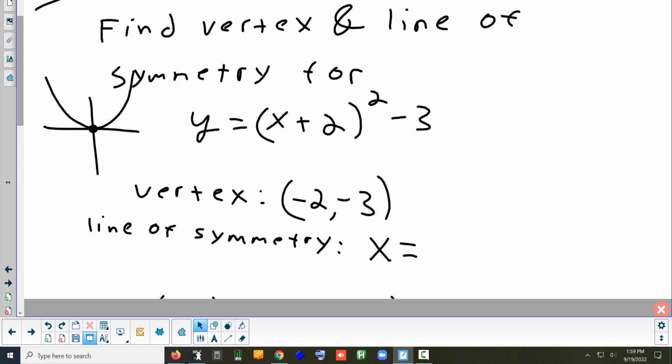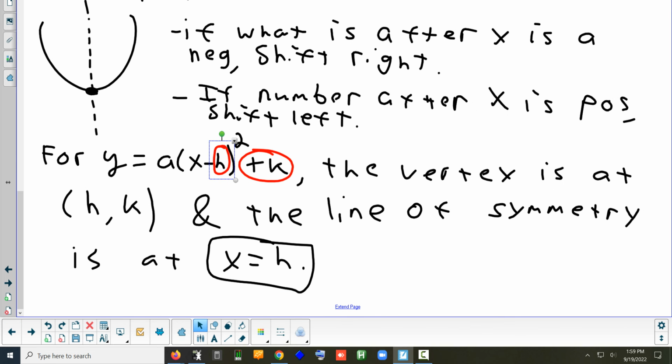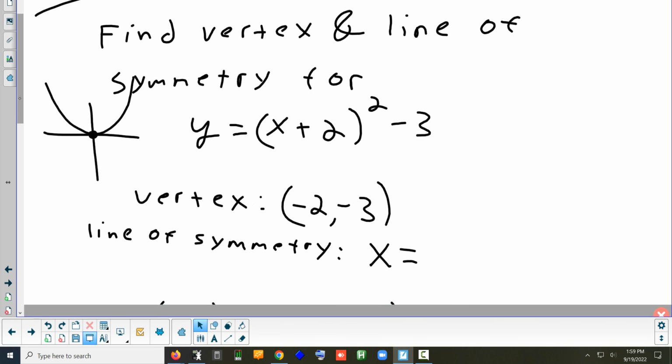And Curtis, what letter are we supposed to use here for the line of symmetry? Yeah, we're supposed to use h. h is the number that comes after the minus sign in parentheses. So look at our problem. We don't have a minus in the parentheses. We have a plus. How could we think of it as a minus inside the parentheses? You want to think about the number after the minus sign.